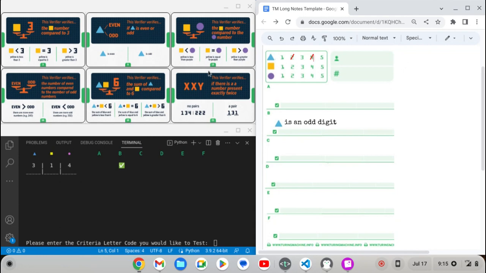Okay, so the next thing I want to find out is, since I do have an odd, maybe I can figure out something about the ratio even to odds. So let me go ahead and test criteria card D. Okay, so it does approve of my proposal 314.